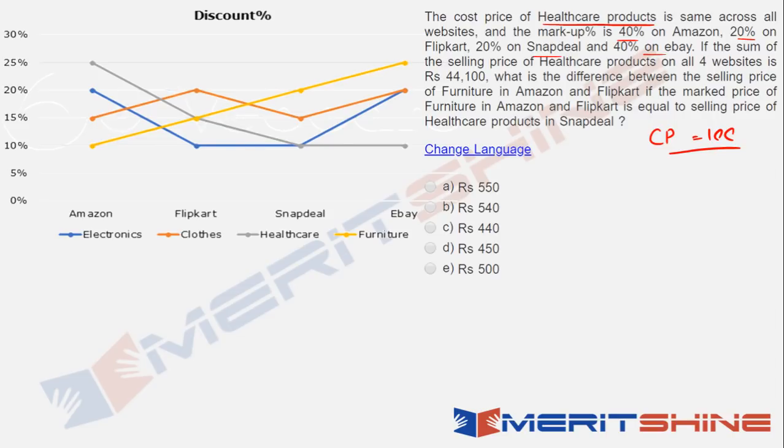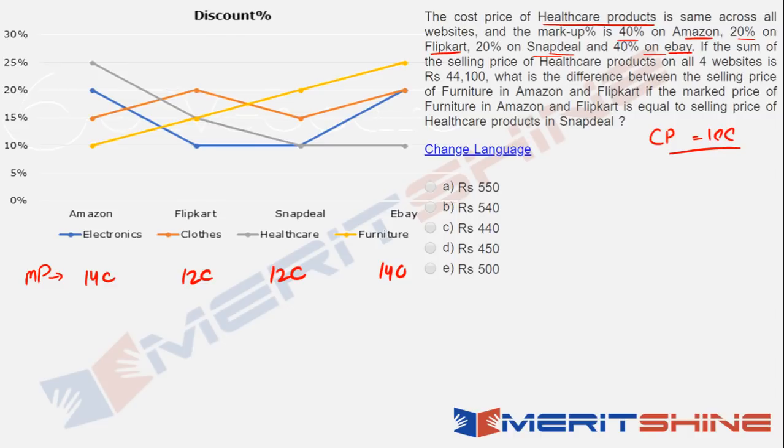Let me write this markup for these respective websites. The marked price will be 140, 120, 120 and 140. The good thing is that they are in order: Amazon, Flipkart, Snapdeal, eBay. So this is the order that's given to you here.